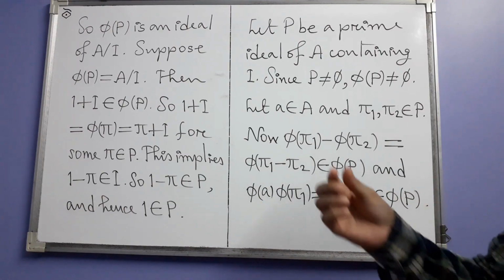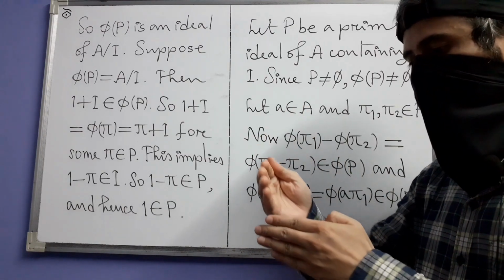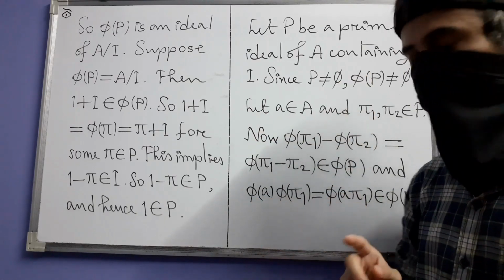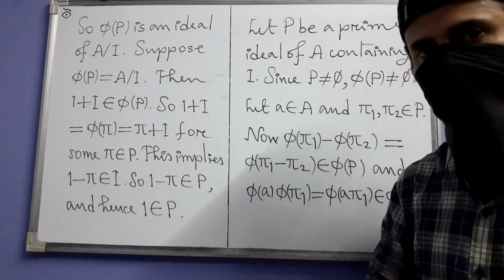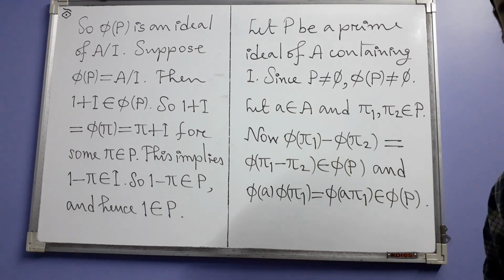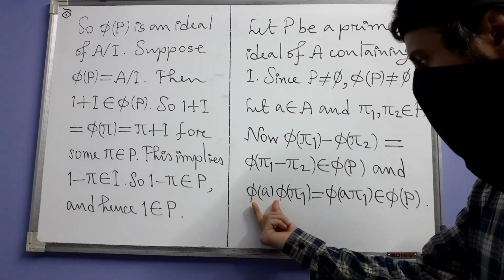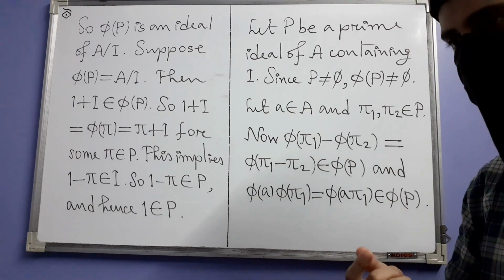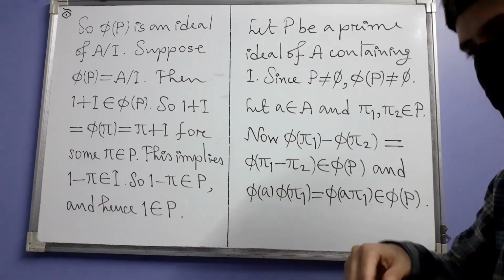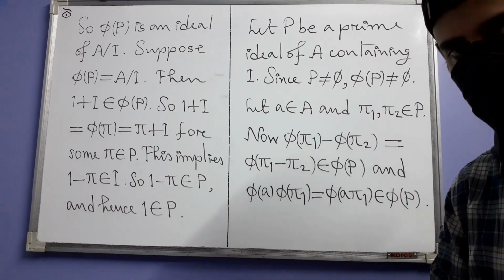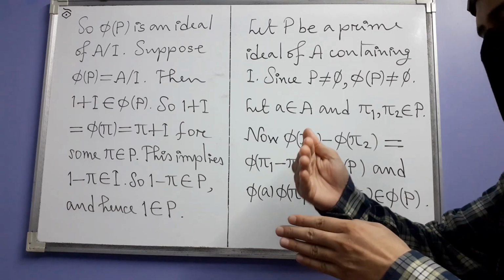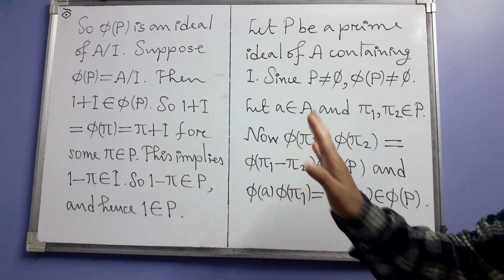Do not forget that phi is an onto function from A to A slash I. So anything you choose from A slash I is going to look like phi of something from A. That is why we chose A from A. So by writing phi of A here, you are not losing any generality. This is really how any element of A slash I looks. And you actually know what this element is. It is the coset A plus I. But anyway, we don't need that.